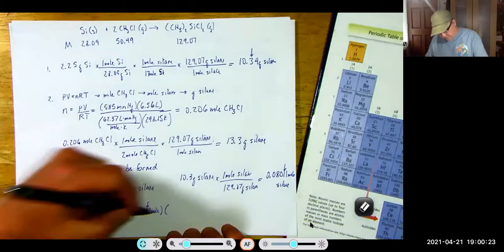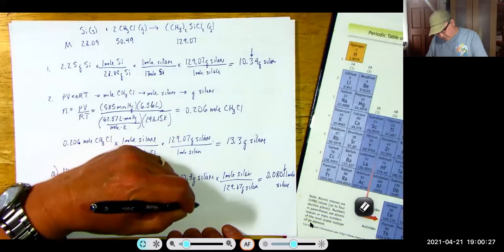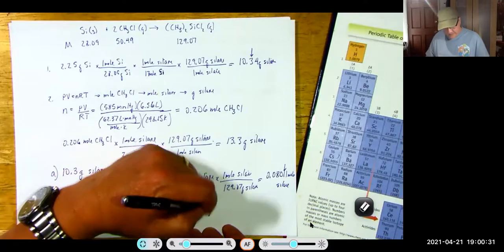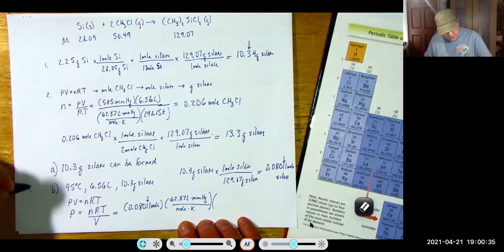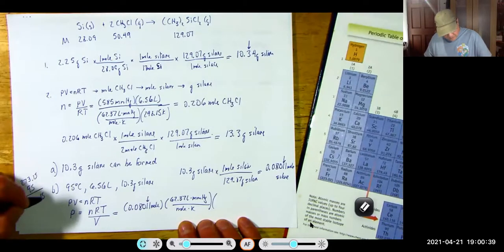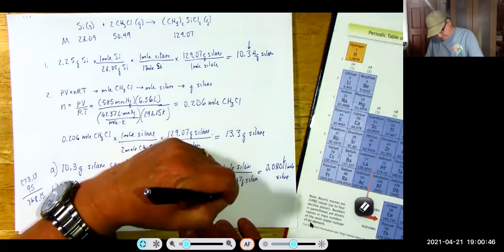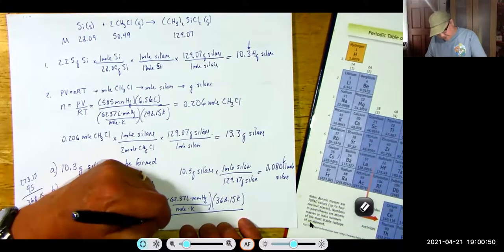So for the R, I'm going to use the 62.37 liters millimeters of mercury per mole per K. The temperature is going to be 95 plus 273.15, which is 368.15 K. And the volume is still 6.56 liters.